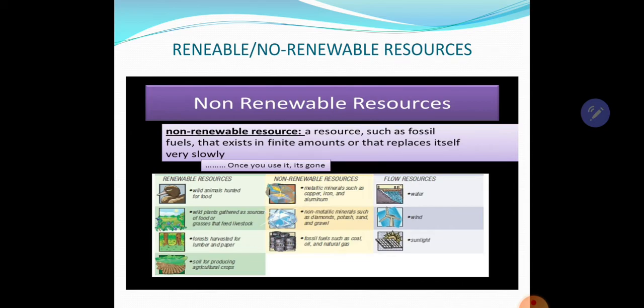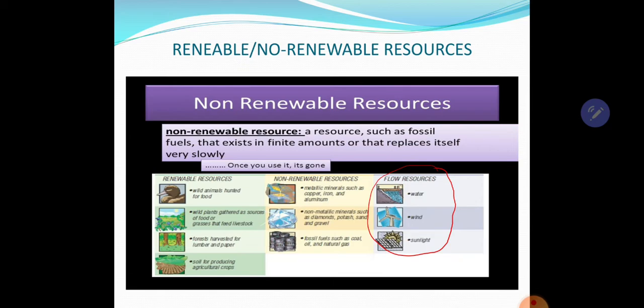Now renewable resources are like wild animals, they regenerate, forest, agriculture, soil. We can regenerate them, we can reuse them again and again. Now, there is also a third type: flow resources.